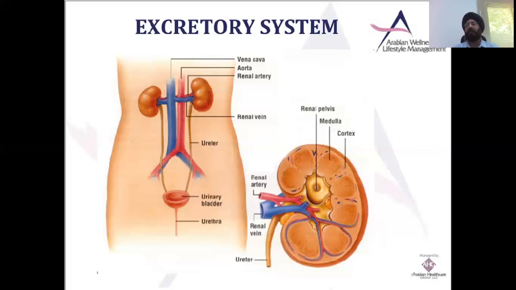How does it happen? How does the filtration happen? I already said there are excretory units, nephrons, which have a glomerulus, a nest of filtration plant. Each nephron is supplied by small arterioles.